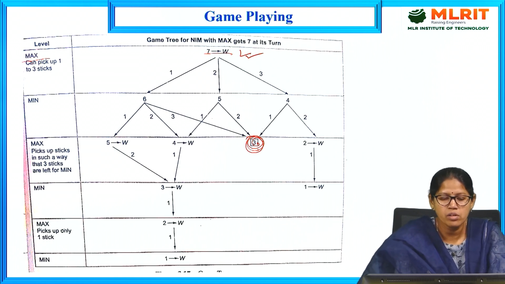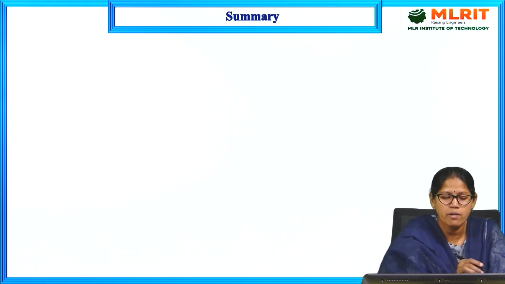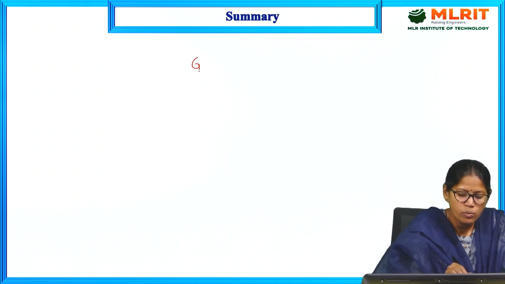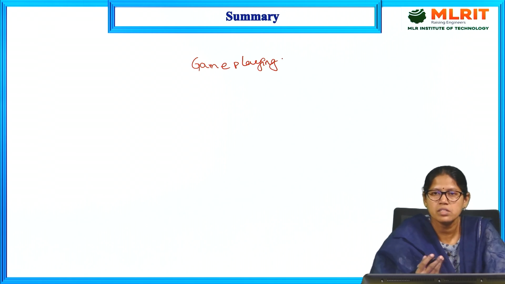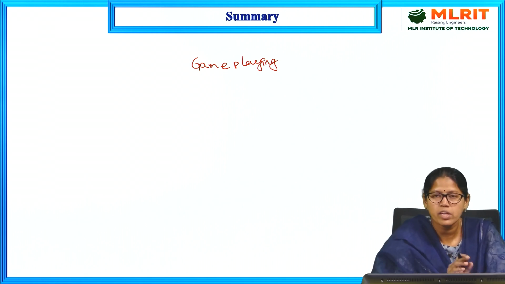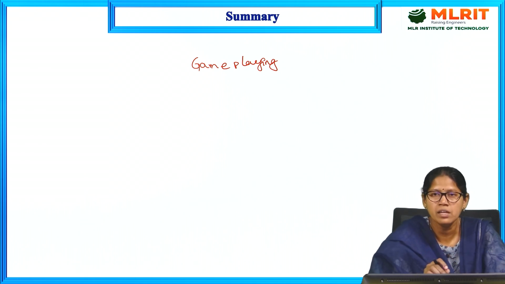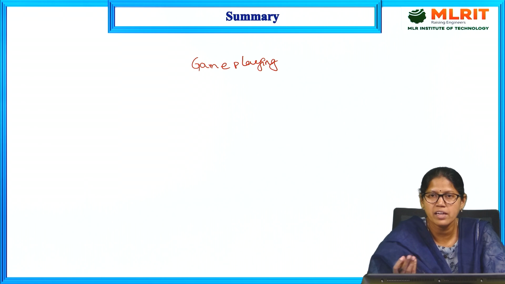So in this session, we have seen game playing, one of the major topics. In game playing, 2 players or 2 teams generally play the game. Here we have taken a 2-player game, and the nodes are max and min. The max will be treated as an AI or computer and min is the human being.